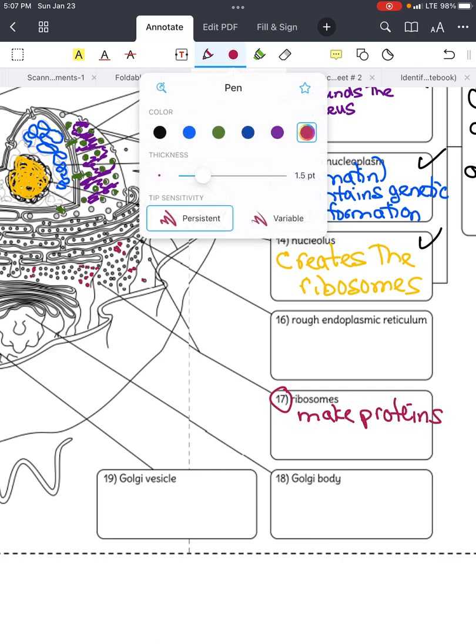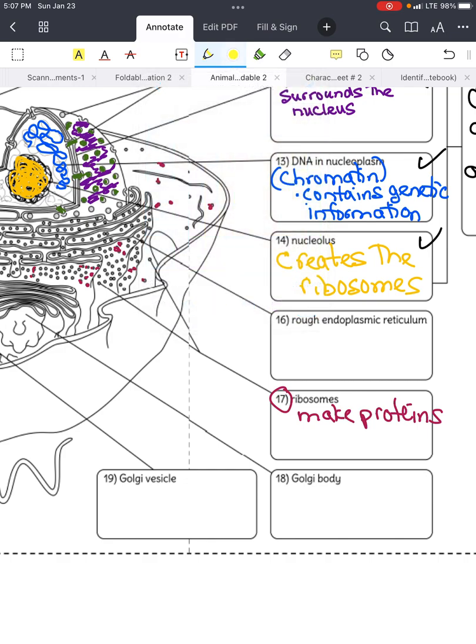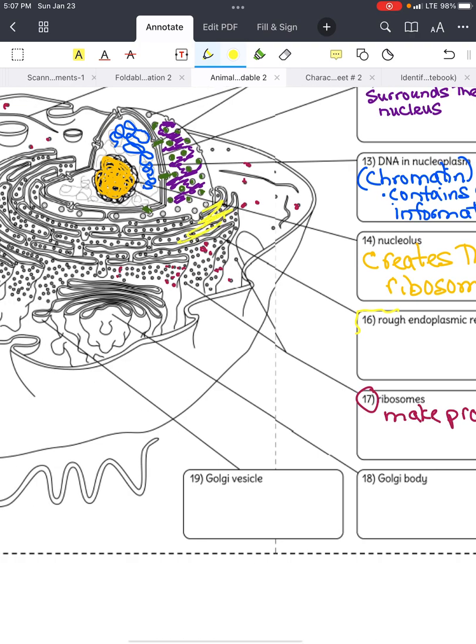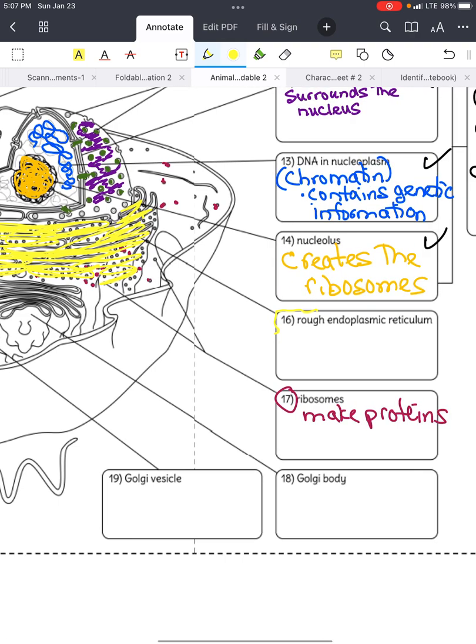So now if we go back to the rough ER, number 16, that is all this section right here. This is our rough ER, all of this here. And its job, first of all, it's attached to the nucleus.